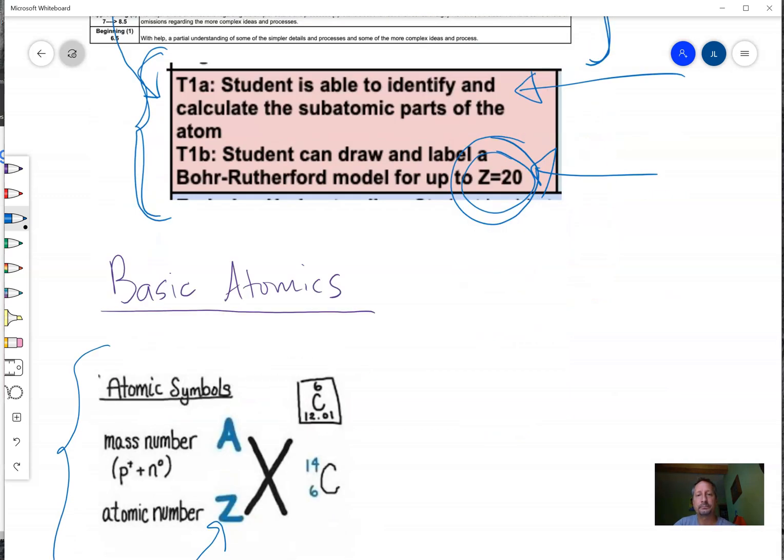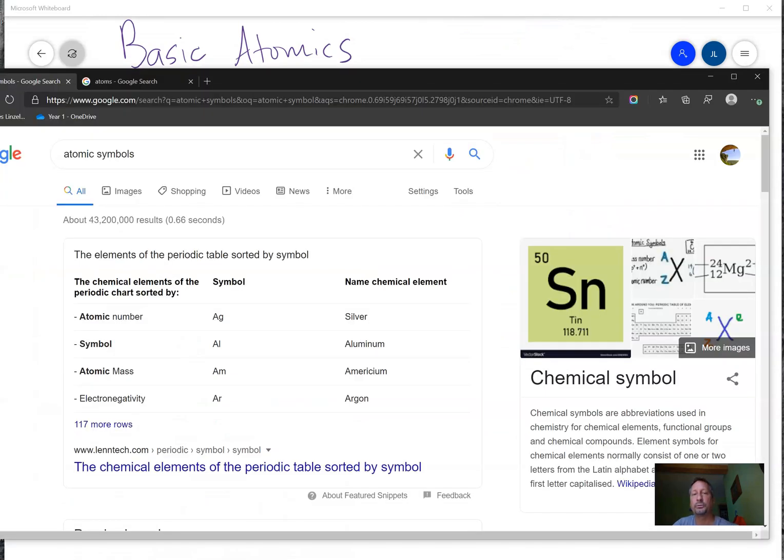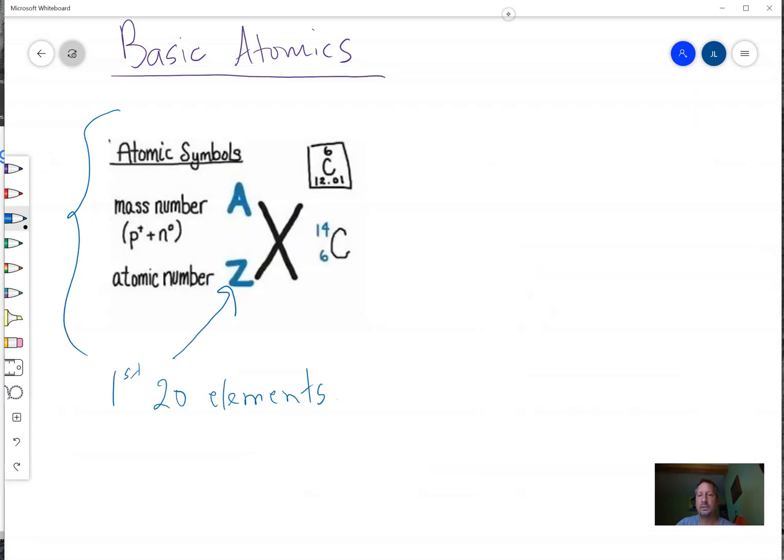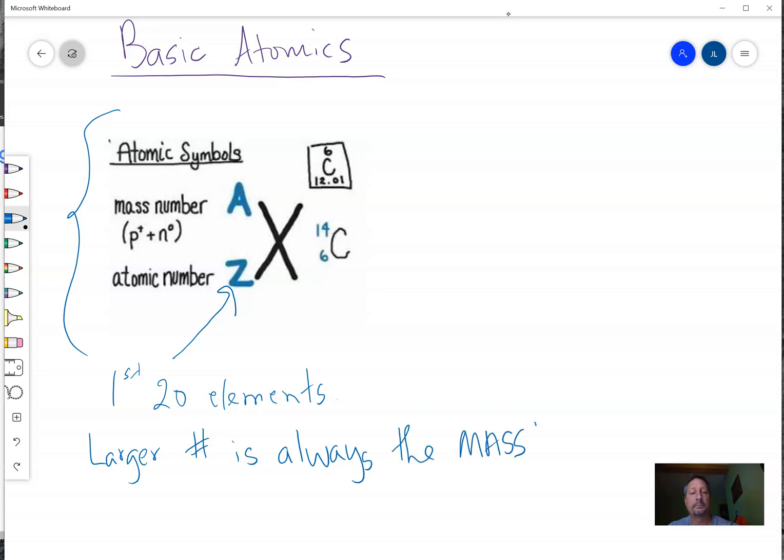So let's dig in. If we do a quick Google search for chemical symbol, you'll see things like this pop up, and you'll see two numbers. You've got the atomic number, and you've got the mass number. Notice here it's different from this symbol, because there's no global standard. What you need to always know is that the larger number is always the mass number.